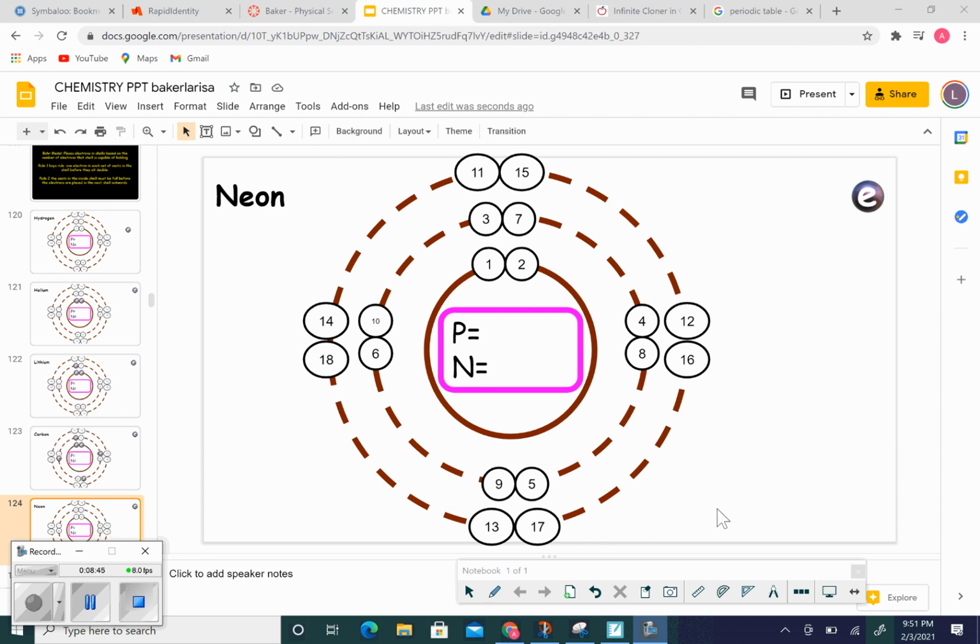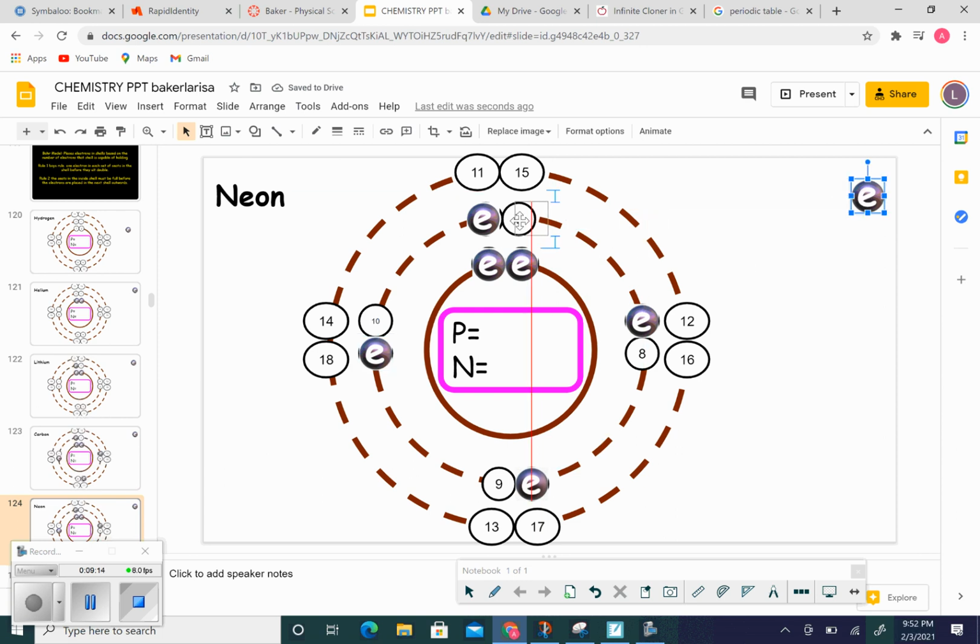Okay, now we're skipping to neon. Neon has 10 electrons. So what we're going to do is grab this electron. 1, 2, 3, 4, 5, 6, 7, 8, 9, and 10.